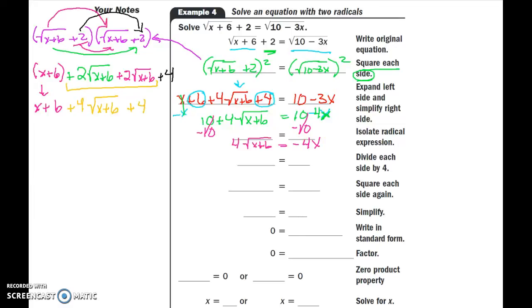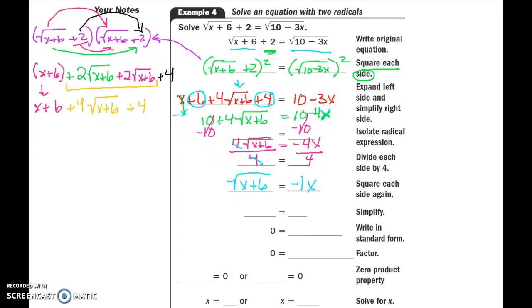And I still want to get that radical by itself, so now I have to divide both sides by 4. And this 4 divided by 4 is 1. So now I have the square root of x plus 6 equals negative 4 divided by 4 is negative 1. So I have negative 1x. Wow, you might want to go back and look at that for a minute.